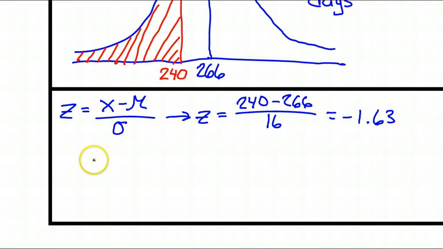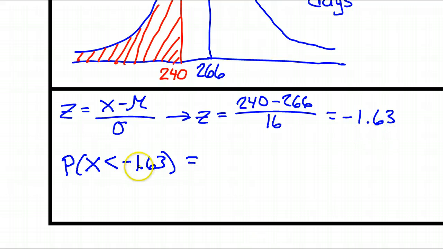First of all, you need to write your symbols. I'm looking for the probability that any given x value is going to be, see how it's to the left, so less than negative 1.63.